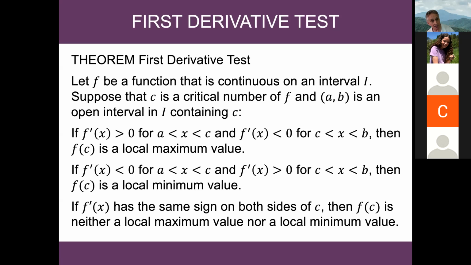All right, pay attention here. The first derivative test is saying, let f be the function continuous on an interval. Suppose c is a critical number.